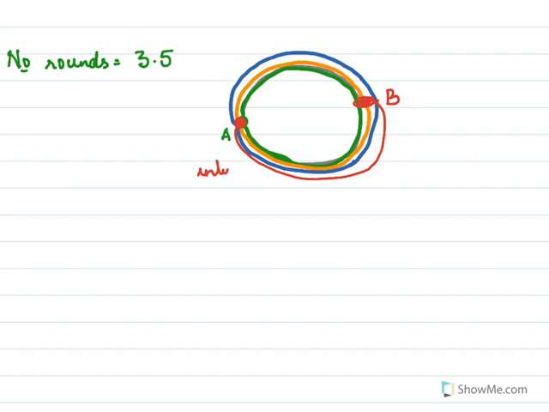So this would be his initial position where he started off taking his rounds, and after 3.5 rounds, this is his final position. Now displacement is the shortest distance between the initial and final position. So this is his displacement.